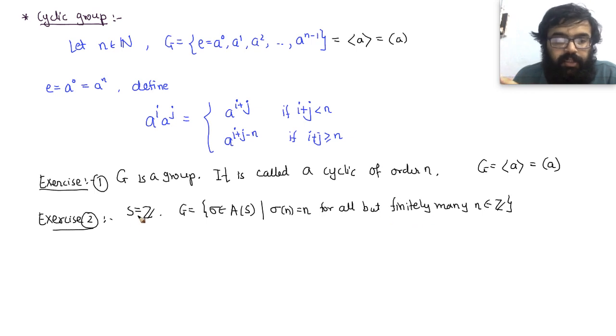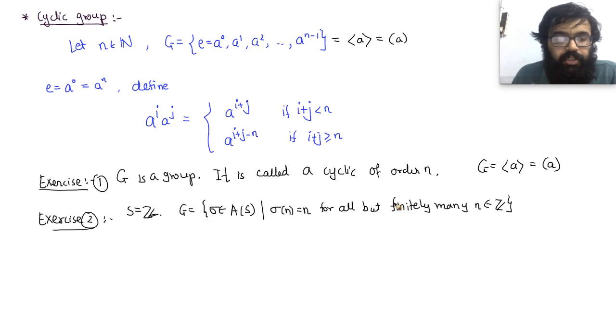So S equals Z, the set of integers, and G is a subset of A_S, the set of all one-one onto functions from Z to Z. Not all one-one onto functions, but only those functions which fix all n except finitely many.